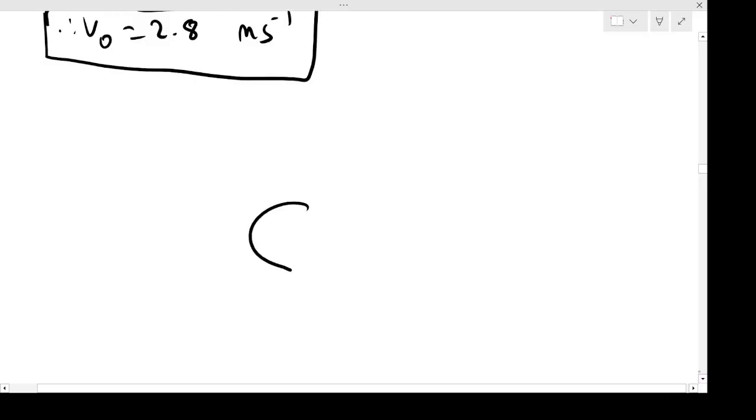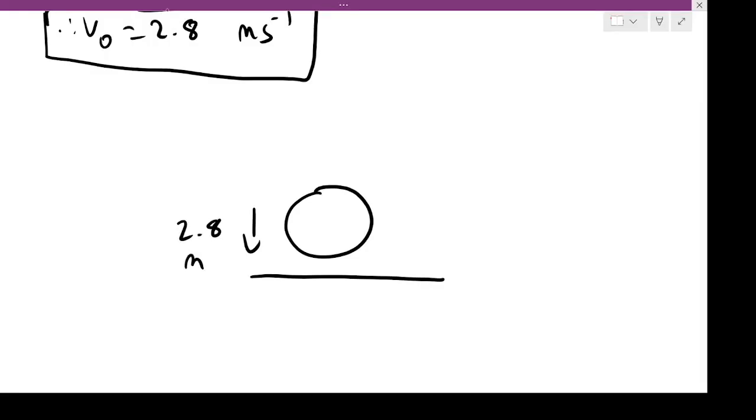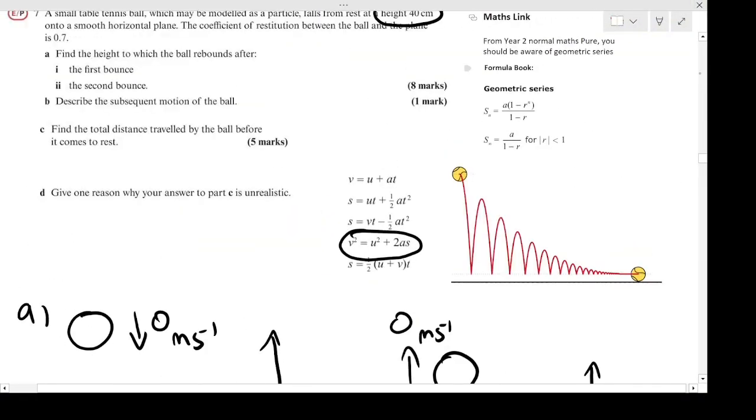So again, I got my ball here. If I consider the speed before and after it hits the floor, well, before it's going to be 2.8, and afterwards it's going to be U1. Okay, so therefore E is going to be U1 divided by 2.8. But I also know, I'm told, that E is 0.7, my restitution, right?